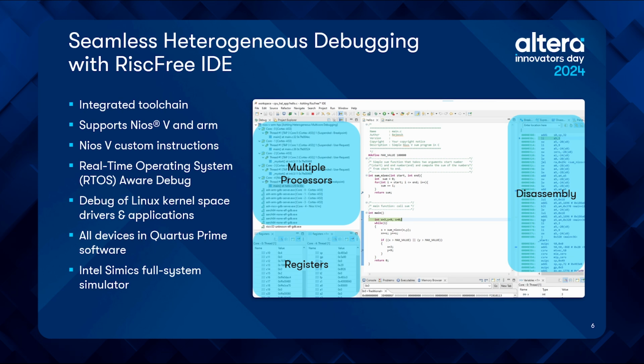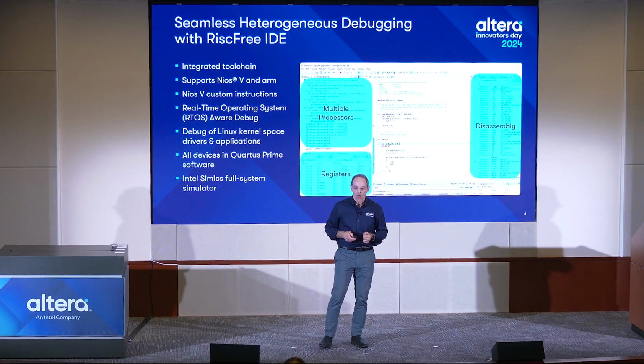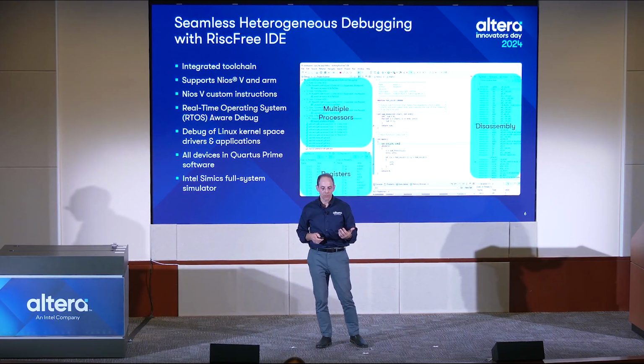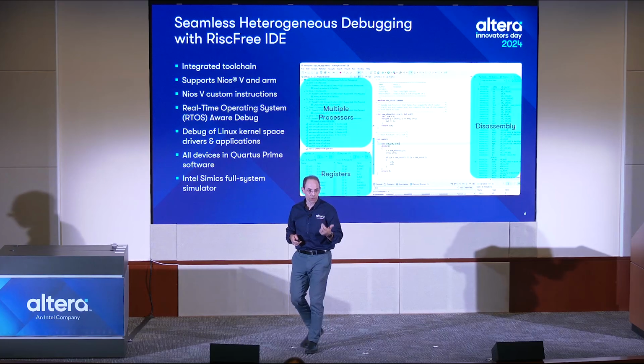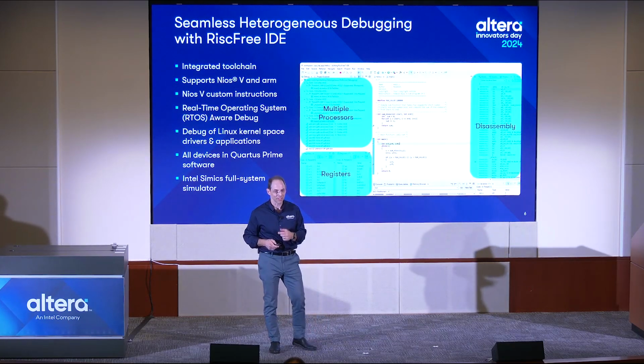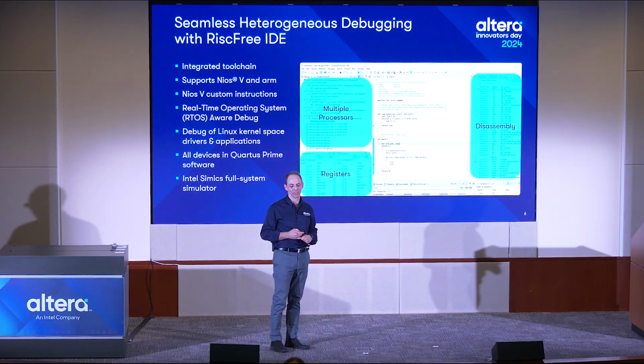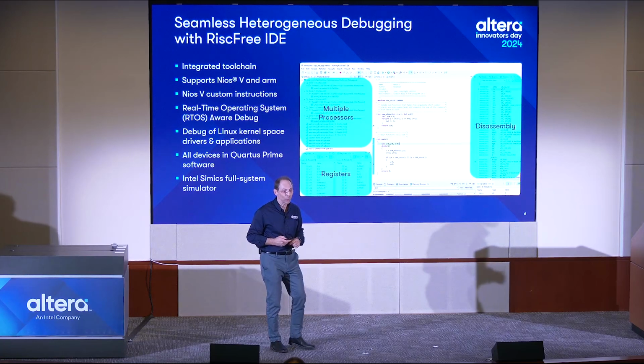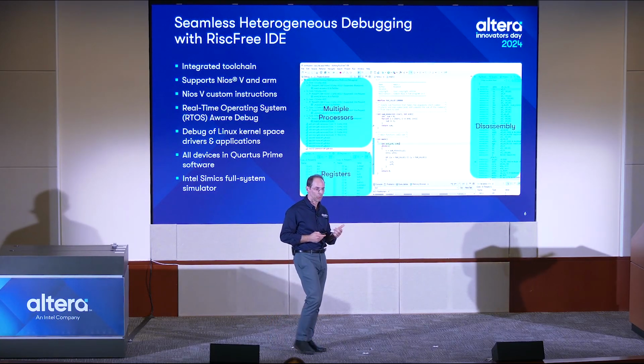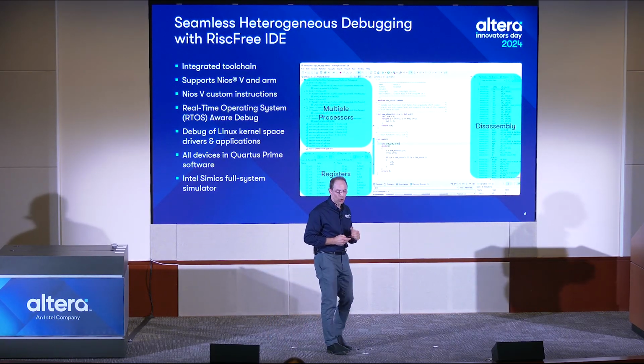It takes the export from Quartus and seamlessly brings it into this tool. That information is things like memory maps, system IDs, things like that. It supports Nios V, as well as Nios V with custom instructions. That's the value add that FPGA brings to the table. As well as the ARM processors in the hardened processing subsystem. It's RTOS aware.